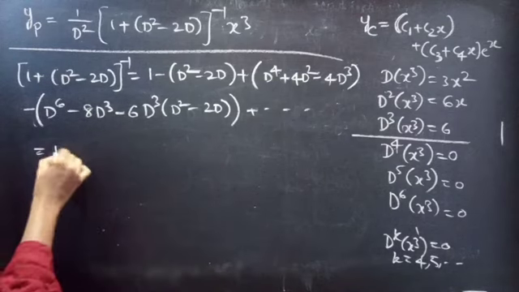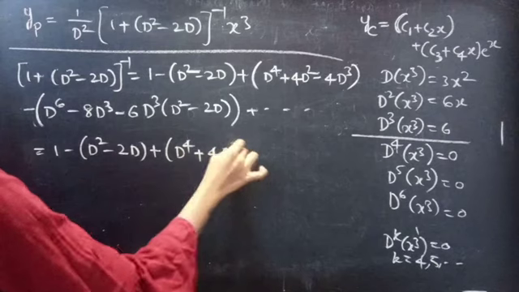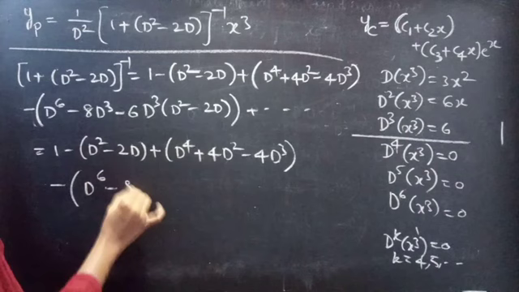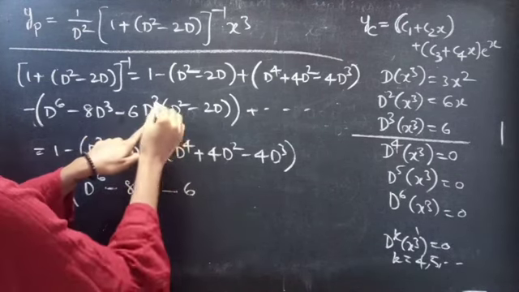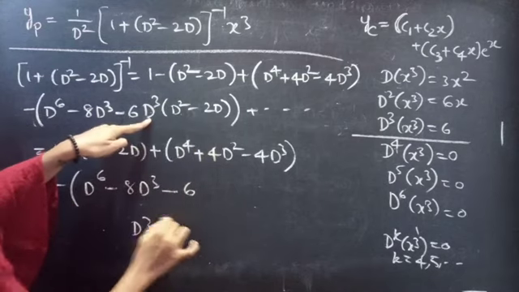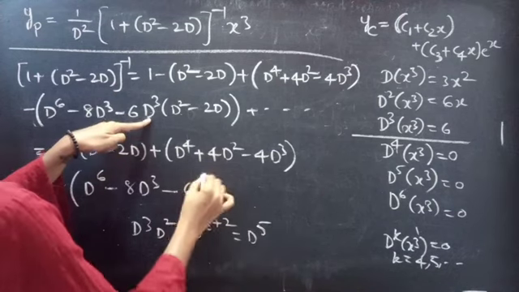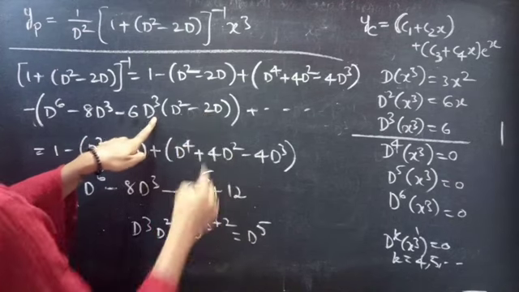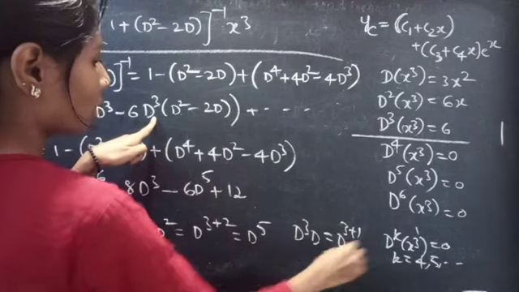This becomes 1 − of (d² − 2d) plus d⁴ + 4d² − 4d³ minus of d⁶ − 8d³ minus into plus minus 6d³ into d². d to the power 3 + 2 is d⁵, right? You'll get d⁵, minus into minus plus, 6 twos are 12, d³ into d is d to the power 3 + 1, d⁴.